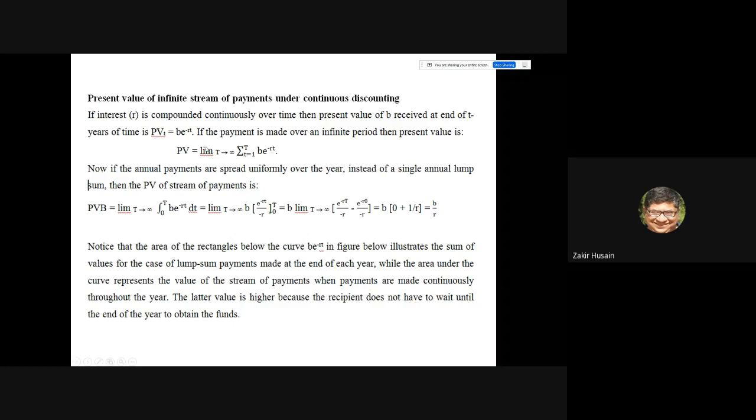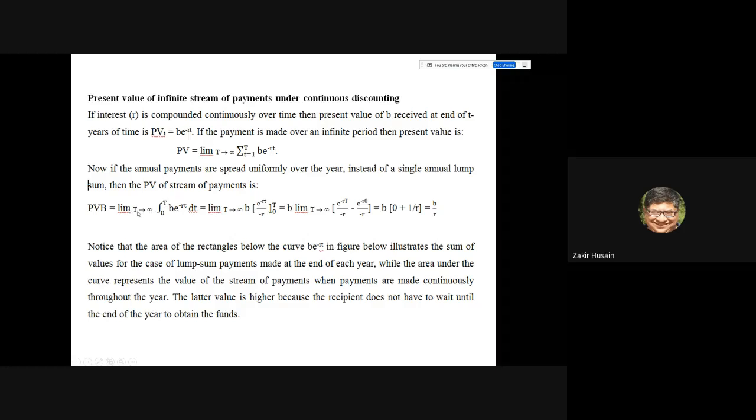The assumption in this discrete model is that you get the interest at the end of the year. In the continuous case, the assumption is that the interest payment is spread uniformly over the year instead of a single annual lump sum payment. So in that case, you have the limit from 0 to infinity.